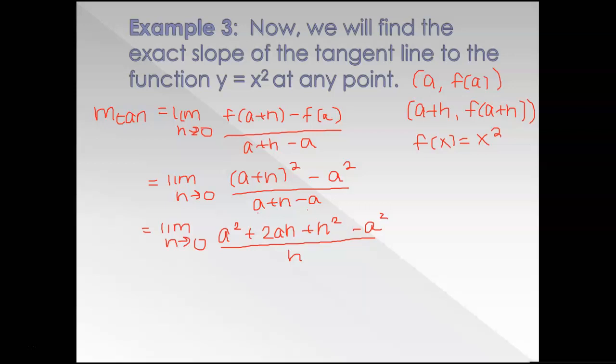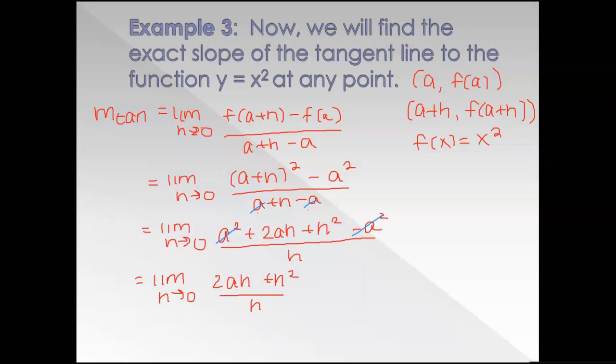So again the a's cancel here. A squared minus a squared are additive inverses again, so they cancel. And we get that this is equal to the limit as h approaches 0 of 2ah plus h squared all over h.